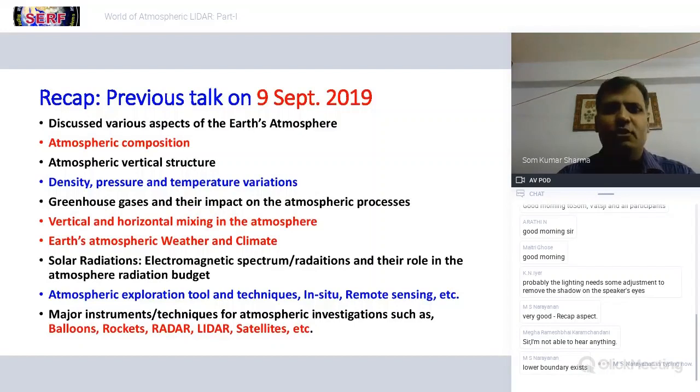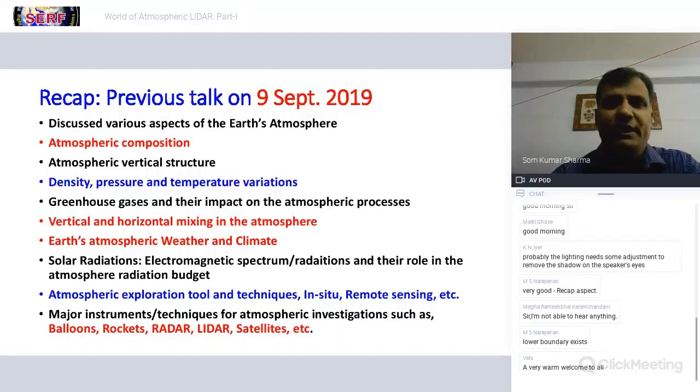There are many more, spectrometer, photometer, and so many instruments for active and passive remote sensing of the Earth. Again, I will say here one important thing. Remote sensing is a very important and effective technique for studying the atmosphere, because the places where you cannot go, or which are inaccessible by any in situ measurement, you can send your signal, like a delegate, and it will bring back the information.